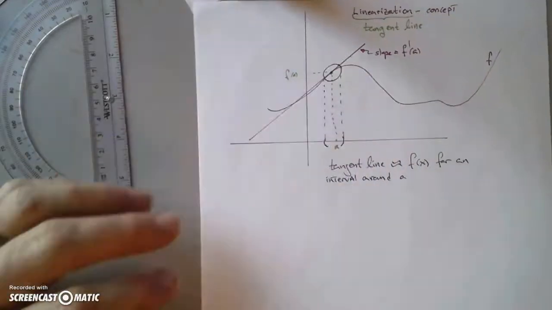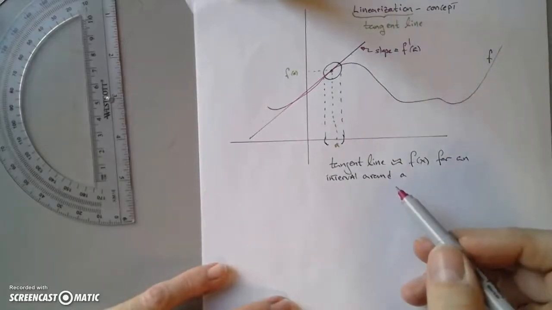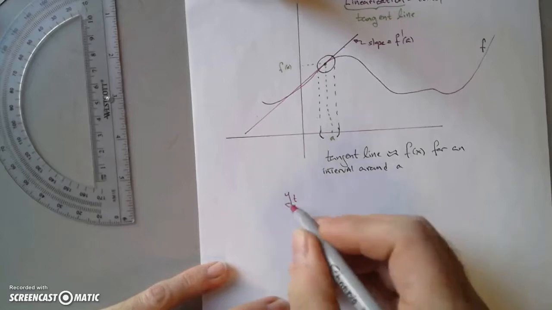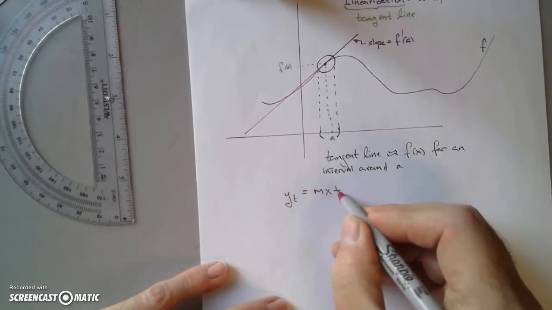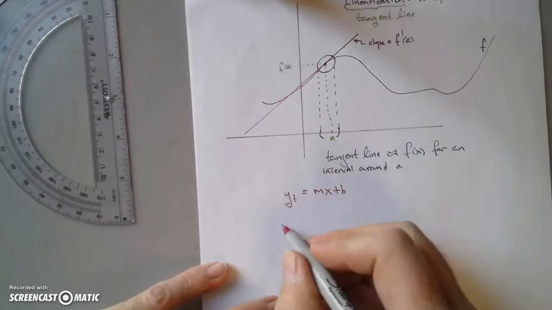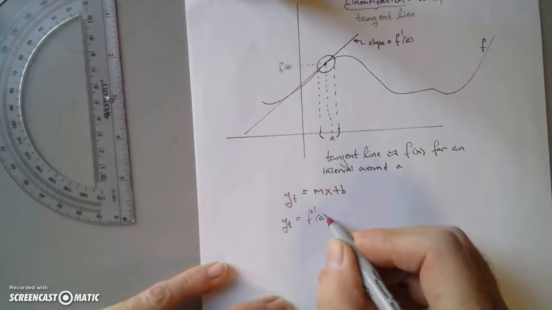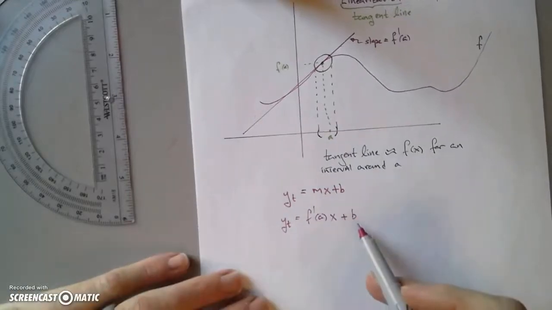So this you'll see in calculus books, they'll give you an equation for this. You don't really need it, but here's the idea. If your tangent line, say y sub t, is mx plus b, then you know what m is. So we already have that. That's the derivative. Now, how do you find b?